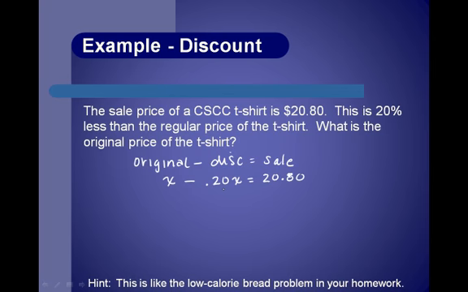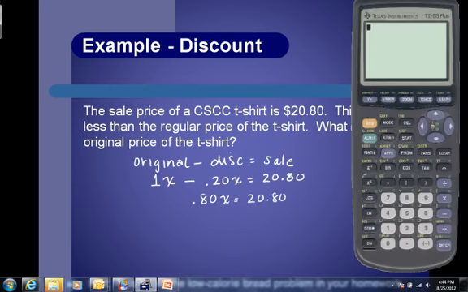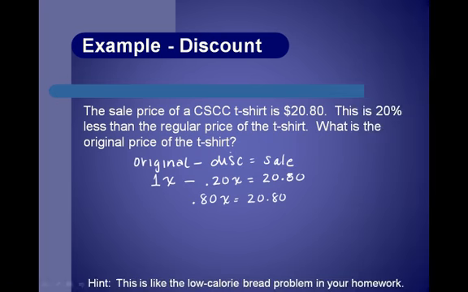So the X minus 0.20X, that's like 1X minus 0.20X, which would give us 0.80X, is equal to $20.80. So to get this answer, we're going to divide both sides by 0.80, which would give us 26, which means that the original price of the shirt is $26.